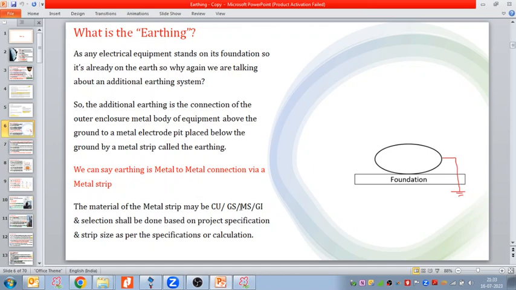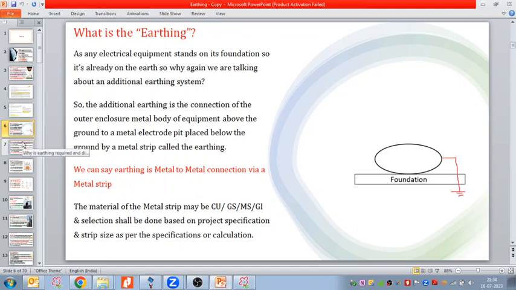The size of that metal strip or conductor shall be as per the specification if it is mentioned there, or based on calculation. We will discuss both cases: some projects where it is mentioned, and if it is not, how to calculate the strip size for earthing purposes. We will do those calculations in coming slides.